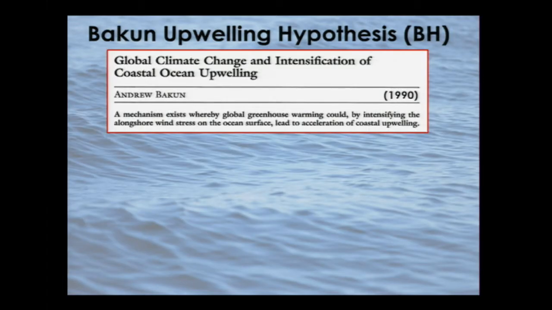Andrew Bakun proposed this upwelling hypothesis in 1990, that global warming would produce increased winds in the alongshore direction, which would therefore lead to increased upwelling.